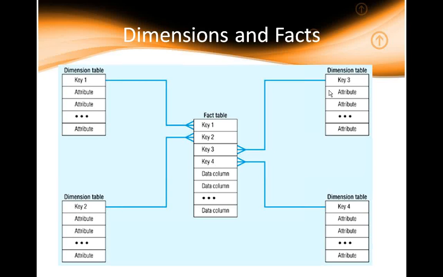Those details will be stored along with the quantity of products he took and the amount he paid. For the customer and product information, the entire information is not stored here, just the key. The major values are stored in the fact tables.